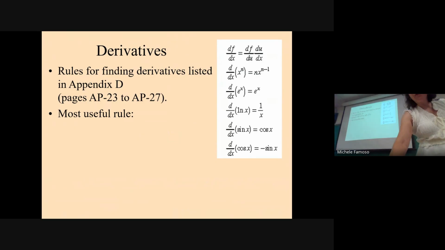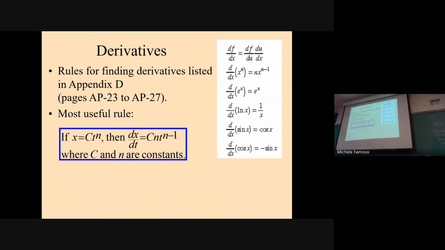So the most useful rule is what we call the power rule. And let's talk about how this equation works. For now, your derivatives are going to be limited to this particular function. So let's say that my position function is some constant c times t to the nth power.